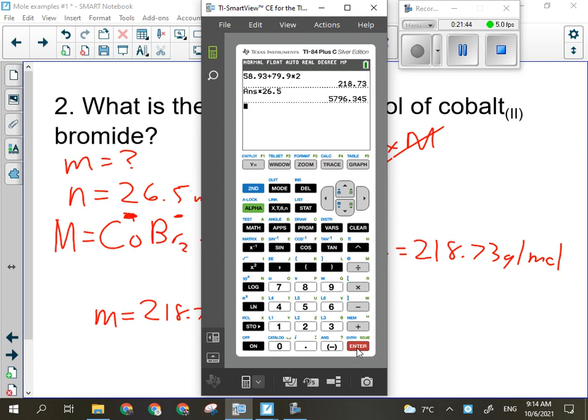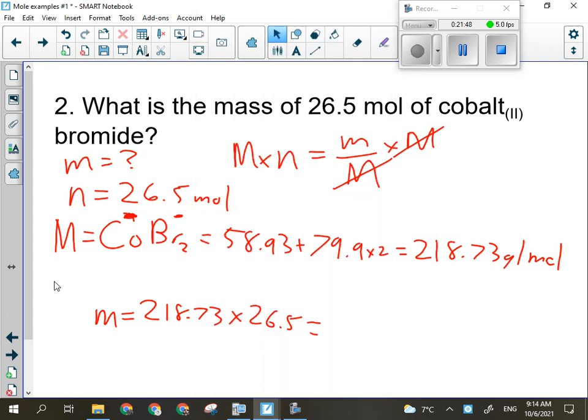Okay, so we're looking at 5,796.35 grams for our mass. Questions on those two? All right, do we still need a little more time on 3 and 4? Yep.